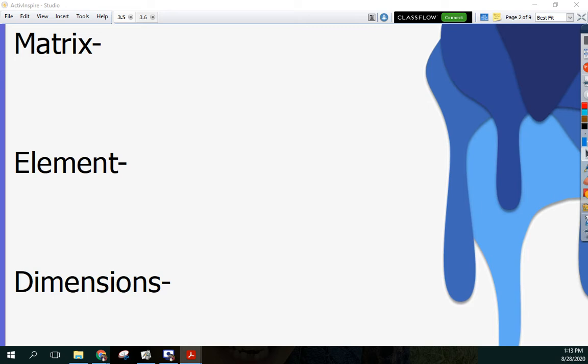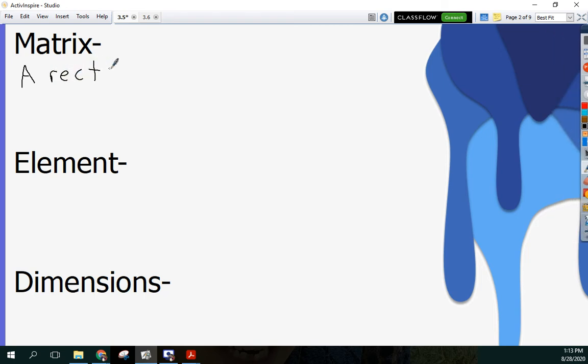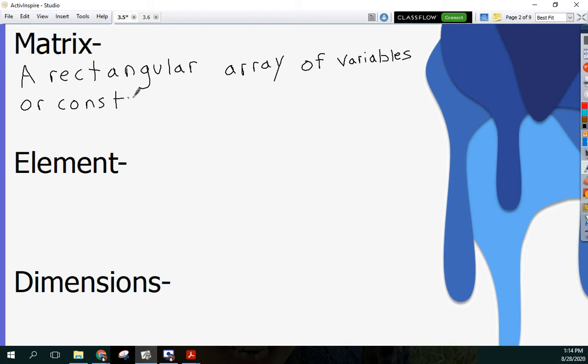So a matrix is going to be a rectangular array of variables or constants placed in rows and columns.